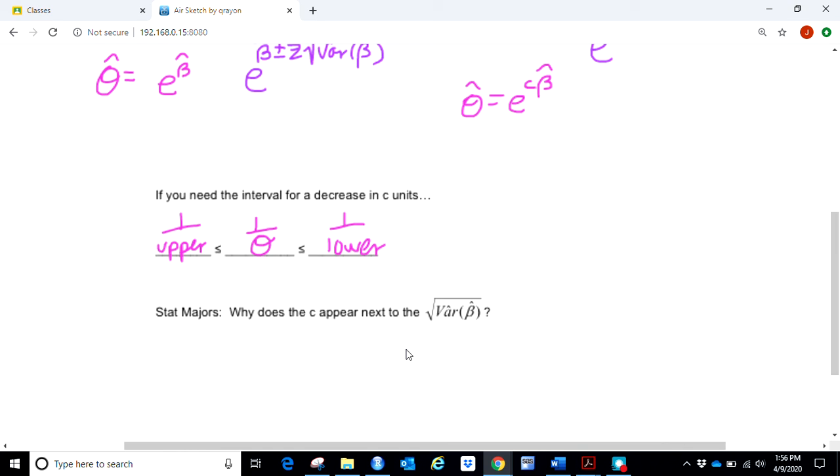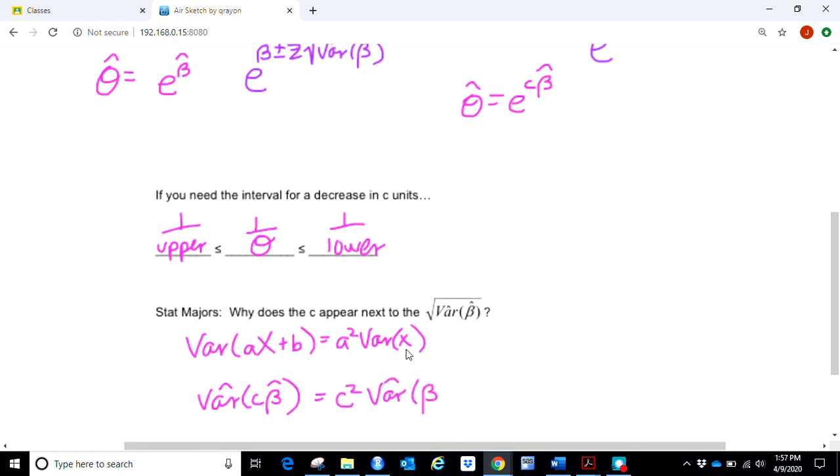Well, as a little refresher, if you remember from that class, the variance of aX plus b was a squared times the variance of X. So if I need to find the estimated variance of c beta hat, that's going to be c squared times the estimated variance of beta hat.